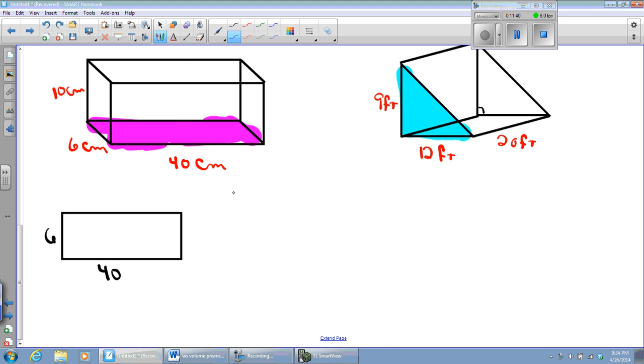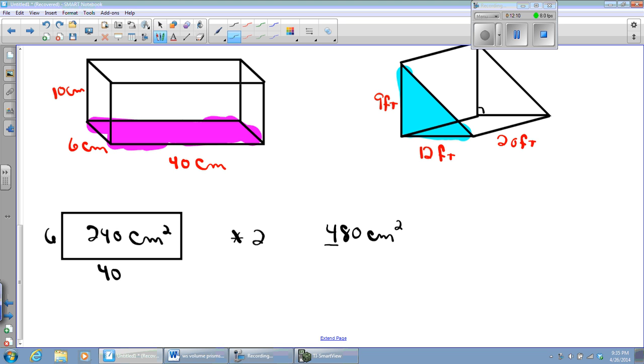Now, the top is going to be exactly the same, so I'm going to multiply its area by 2. So I'm going to go 6 times 40, which is 240 centimeters squared, right? All right, so I'm going to go 240 times 2, and that'll get me 480 centimeters squared.